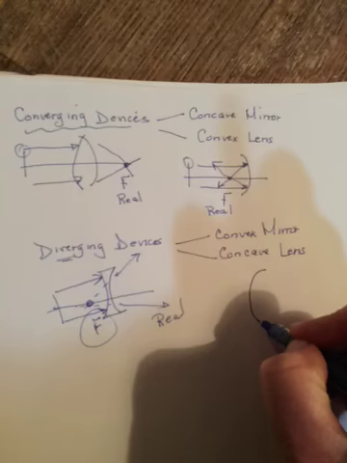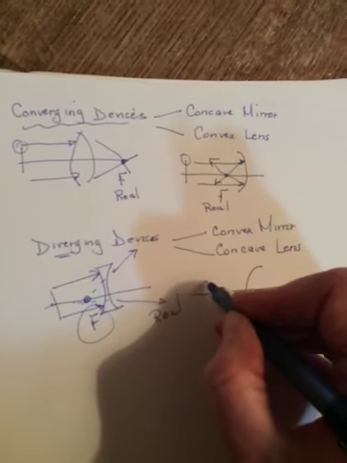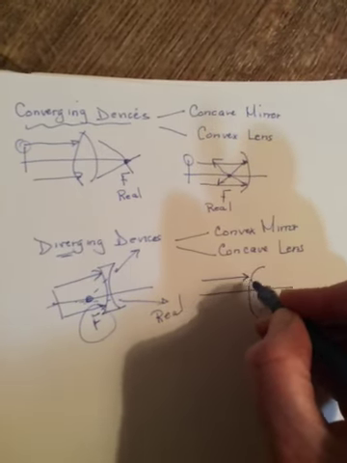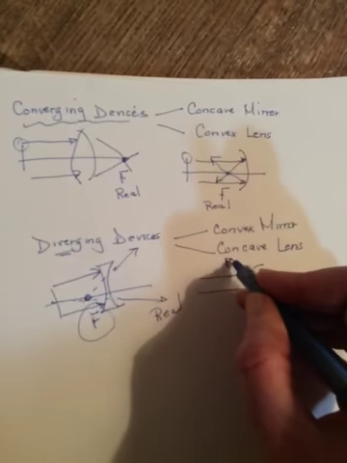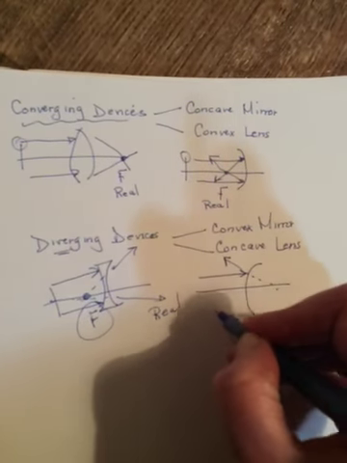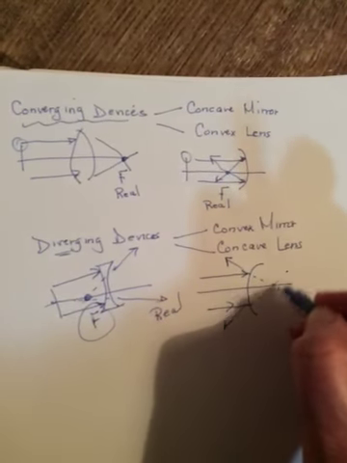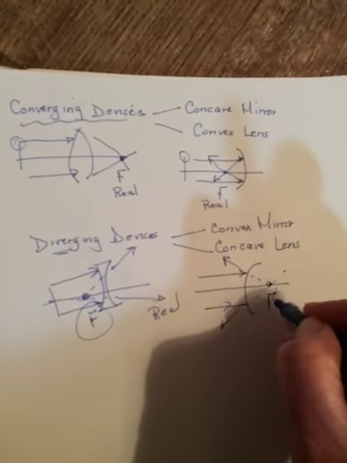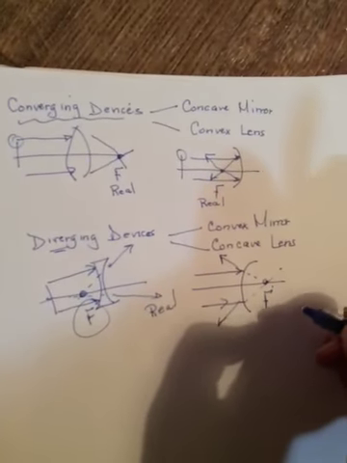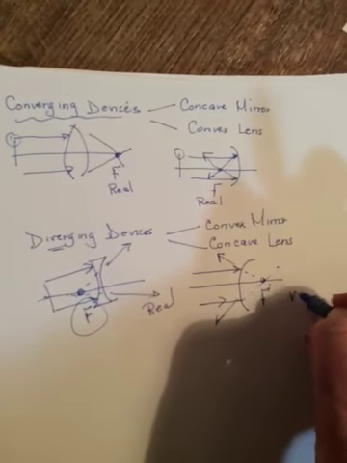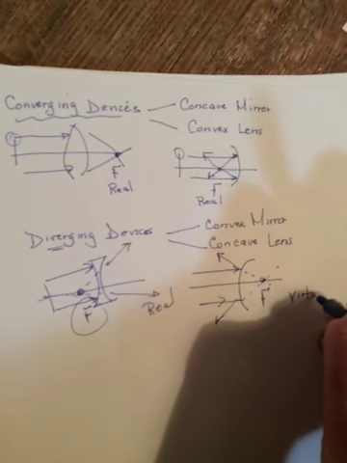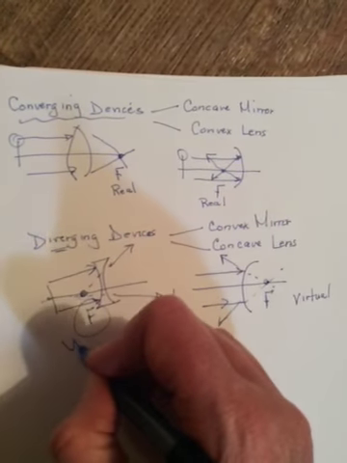Same idea for a mirror. A ray going in parallel to the principal axis will get reflected in such a way that if you were to follow it back, it would look like it was coming from F on the opposite side of the mirror, which is the virtual side.